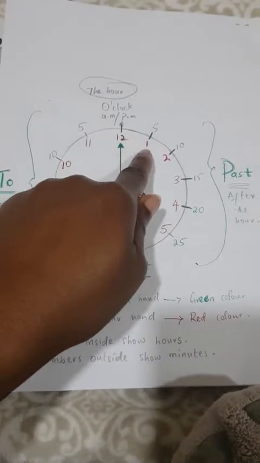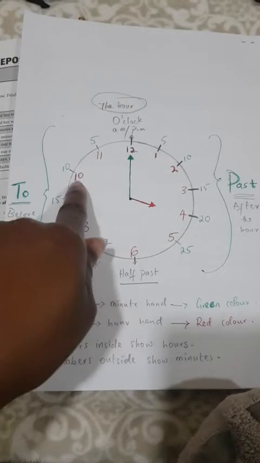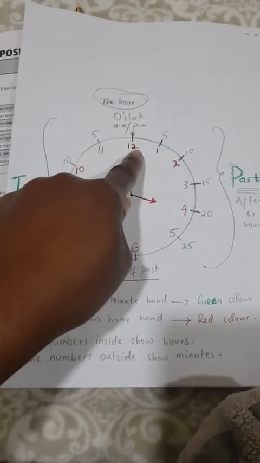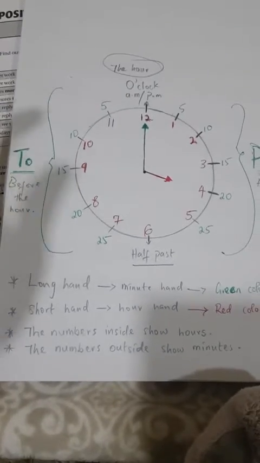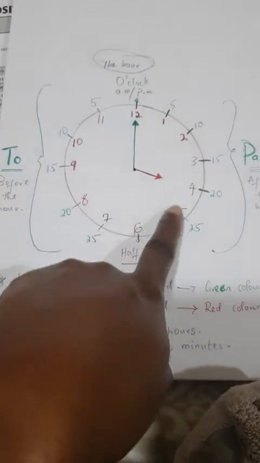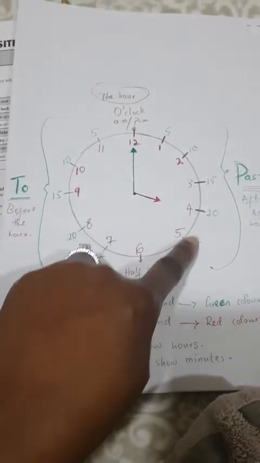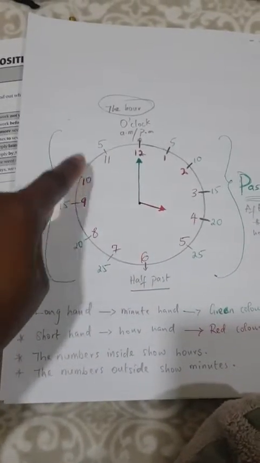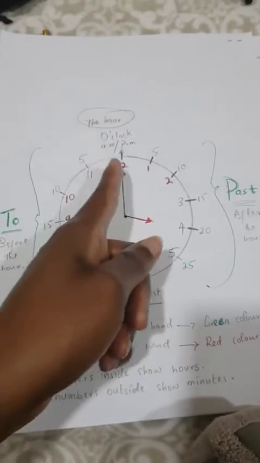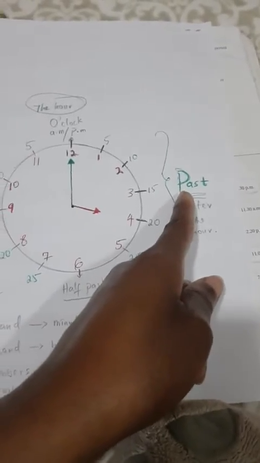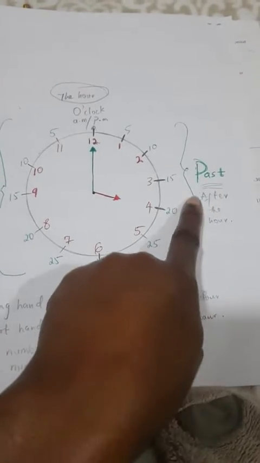Now you see these numbers appearing inside. They represent the hours, let's put it that way. The numbers inside represent hours, and the numbers I've written outside represent minutes. Okay? Now, see what I did here. Past, after the hour.